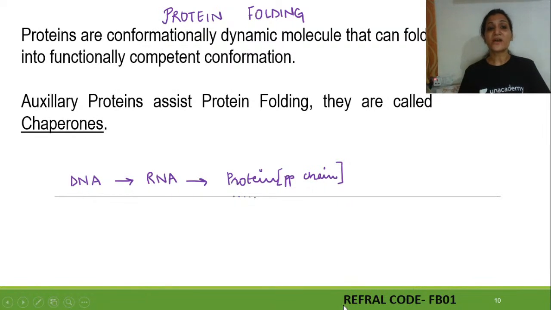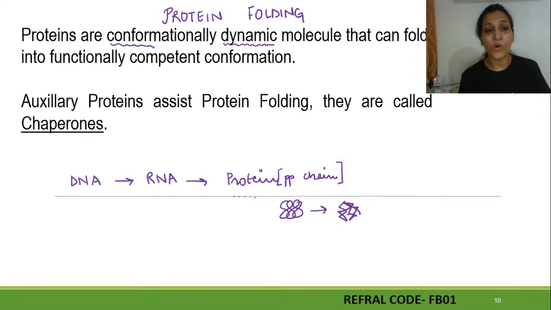So proteins are conformationally dynamic molecules. What do we mean by dynamic? That if a protein is folded in a specific type, it can change the type of folding pattern. It is a conformationally dynamic molecule that can fold into a functionally competent conformation.